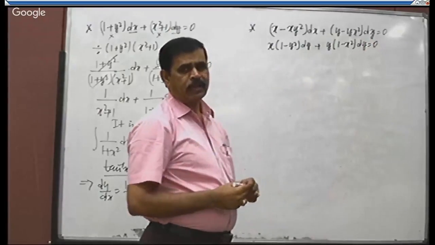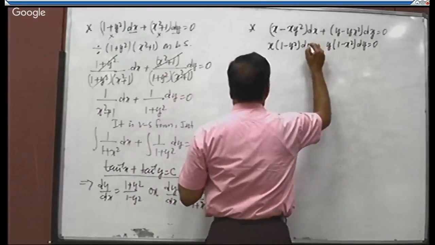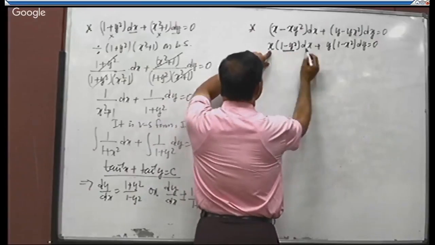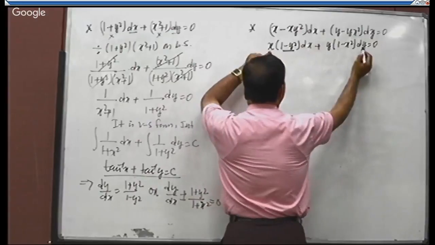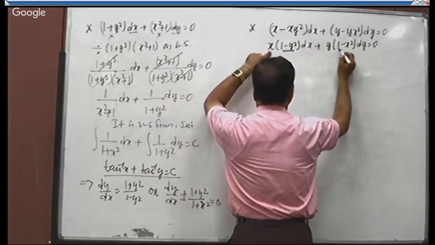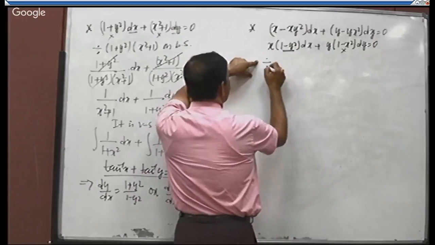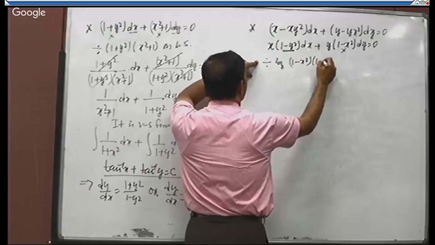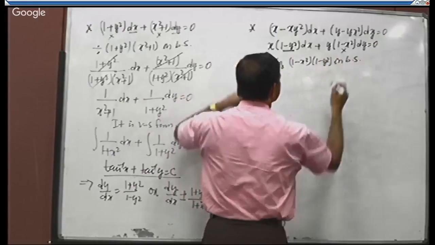Now identify the unwanted terms at dx and dy. At dx, the unwanted term is this whole bracket, because x is there along with dx, let it be, just remove this bracket. Here y and dy, keep it as it is, remove this. So divide by (1 − x²)(1 − y²) on both sides.